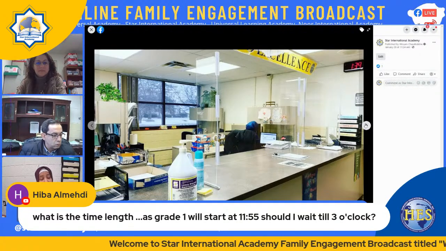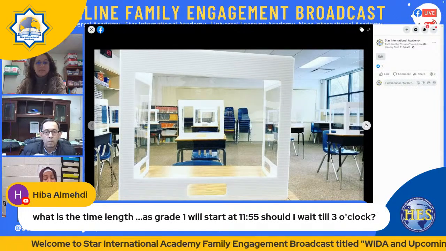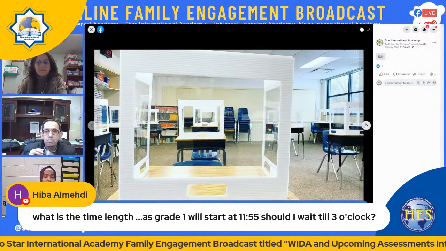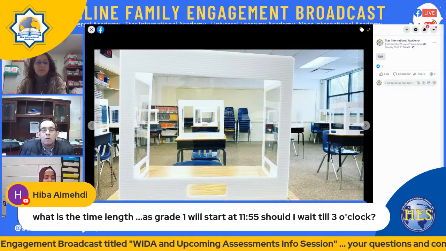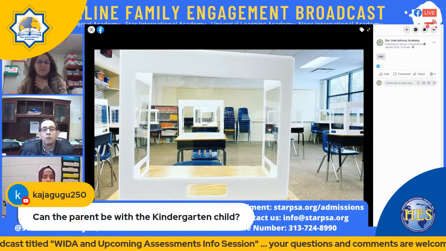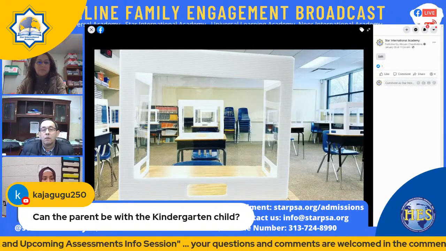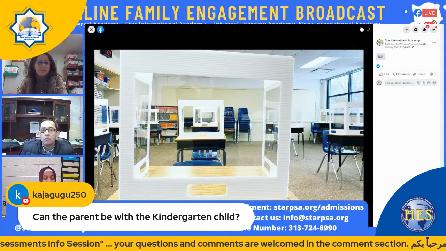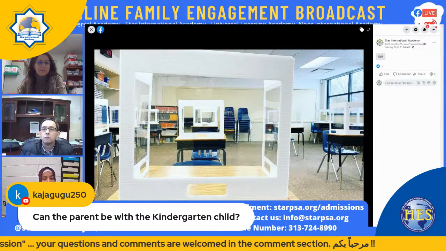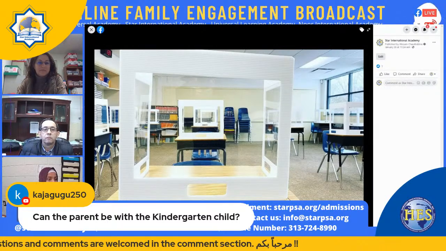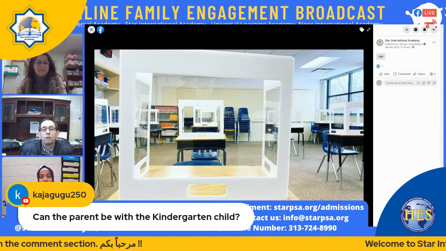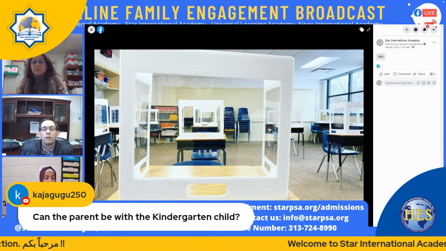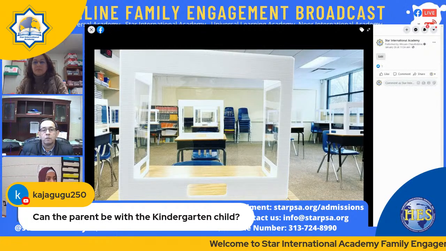Some students might finish the test way earlier than 3 o'clock. If you have an emergency or have to go somewhere, the teacher will contact you if your child finishes the test early, so you can come in to pick up your child.